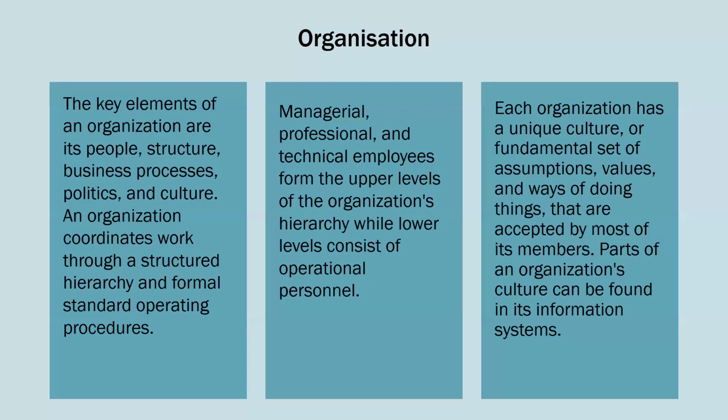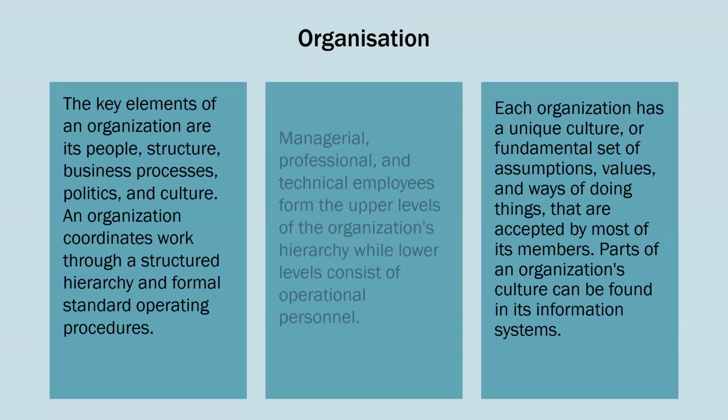The other thing you need to understand is that each organization has a unique culture, a fundamental set of assumptions, values, and ways of doing things, and those things can also be affected by the information systems that they are using.